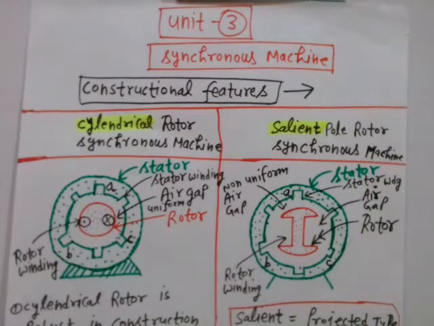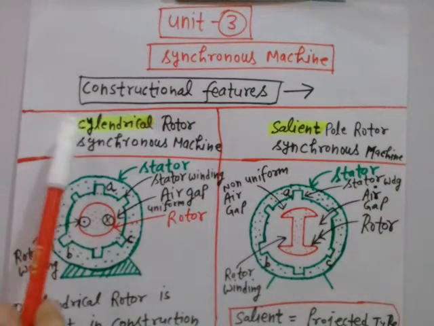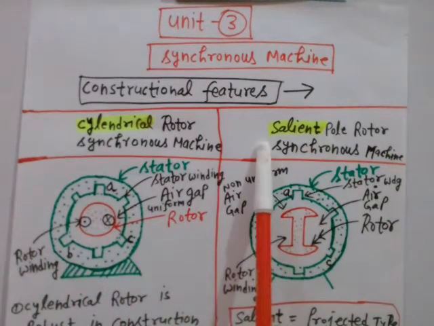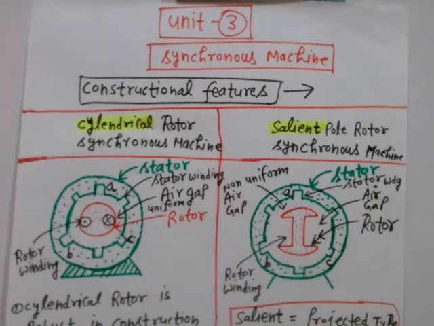Likewise you get these two in a synchronous machine also. The rotor in a synchronous machine has two kinds of structures: one is the cylindrical rotor, and the other is the salient pole rotor.